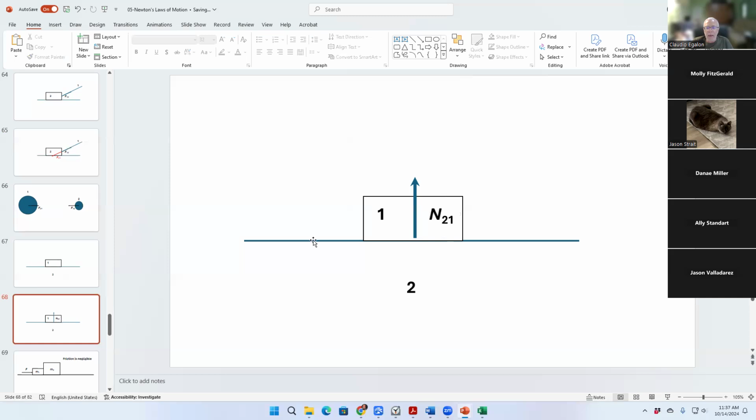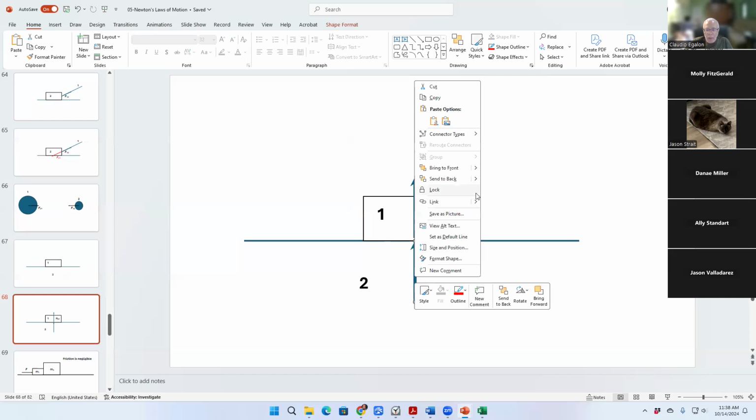If the surface here is exerting a normal force on this object number 1, it means that the object is also exerting a normal force on the table in the other direction.